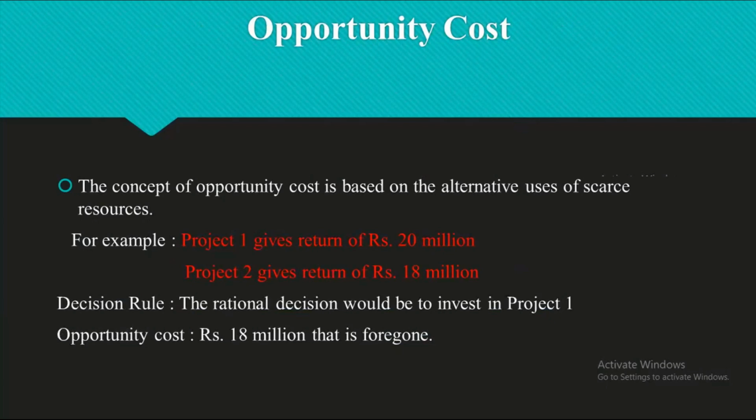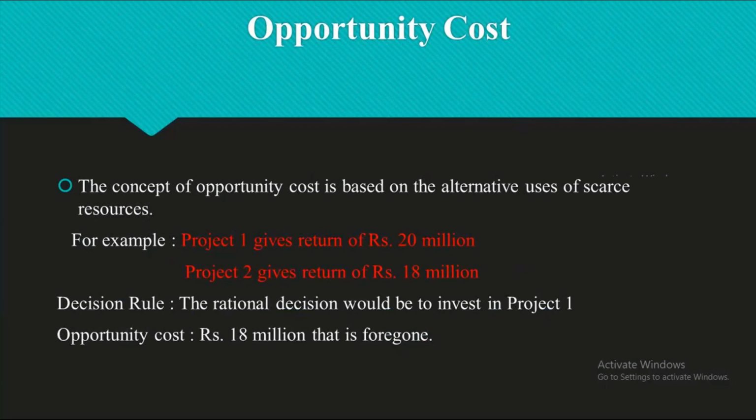So if the return of project 1 is greater than the return of project 2, definitely one is going to invest in the project which is going to give more return. So in this case, the firm's manager will definitely put his money in project 1. So what is happening here? You are foregoing alternative 2, that is project 2, that you are not going to invest your money in that project.